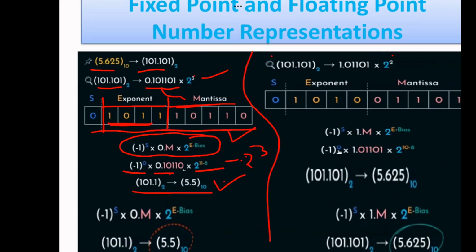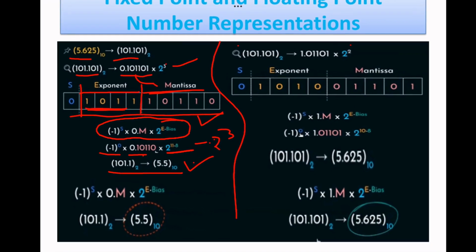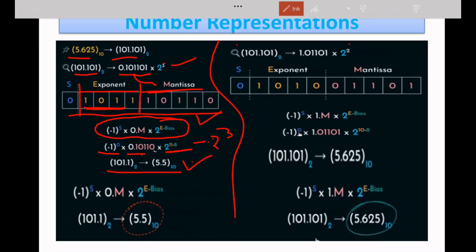Again the same. If I am using the implicit form, my formula is (-1) to the power s times 1 dot mantissa times 2 to the power e minus bias. Again (-1) to the power 0, because this number, 5.625, is positive. After that, 1 dot mantissa.